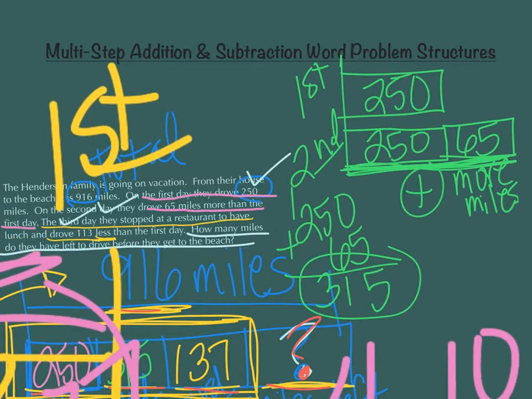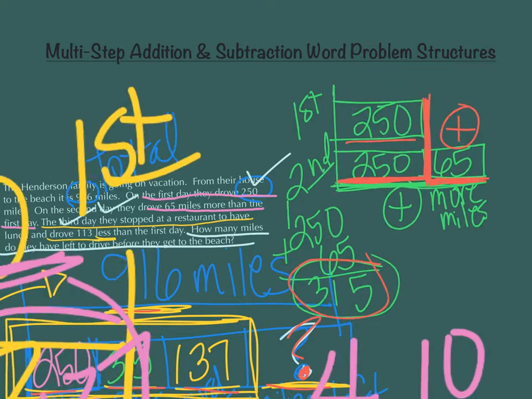There we go. So there was our first day, and it showed 250. But then our second day said 250, but it said 65 more miles than the first day. So I had to give the exact same amount of miles from the first day and then add the 65 more miles. And when I did that, I got 315.